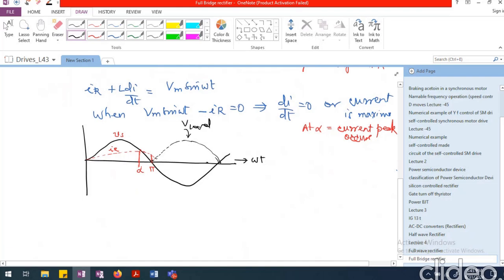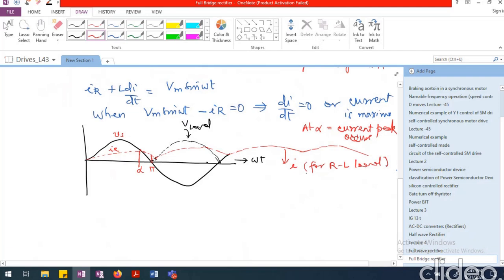When the current is declining and IR again meets the load voltage, that is when the current minimum occurs. Again it starts increasing from here. So this is how the current will be for the RL load.